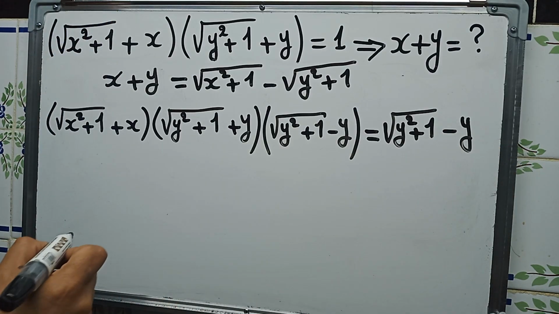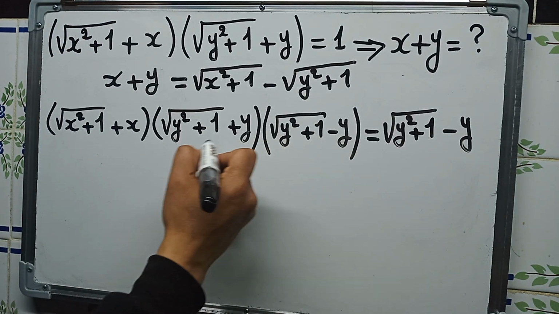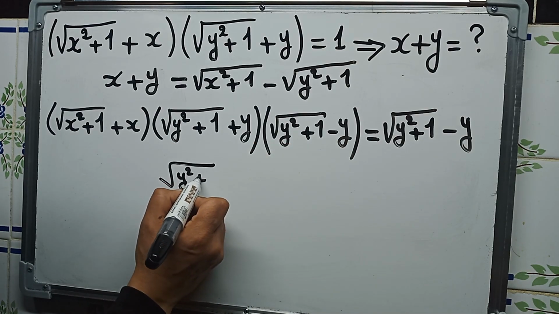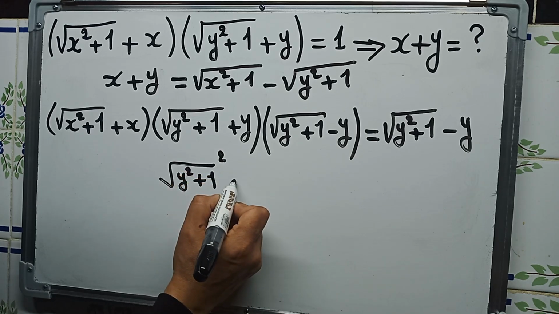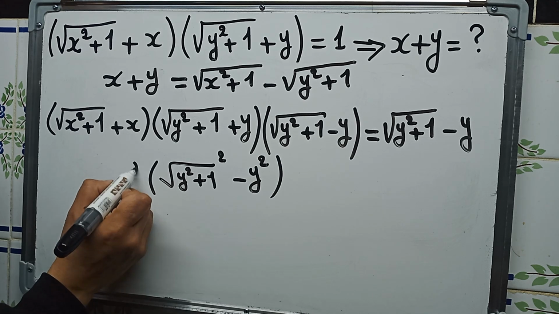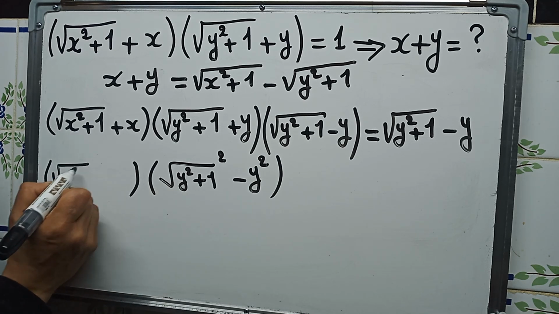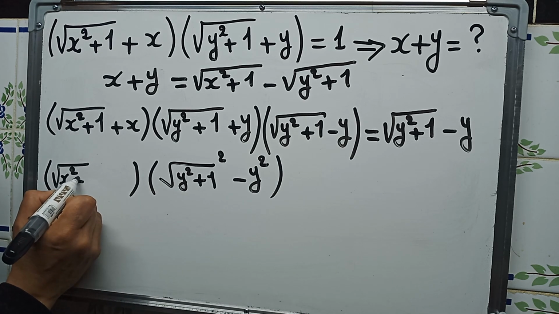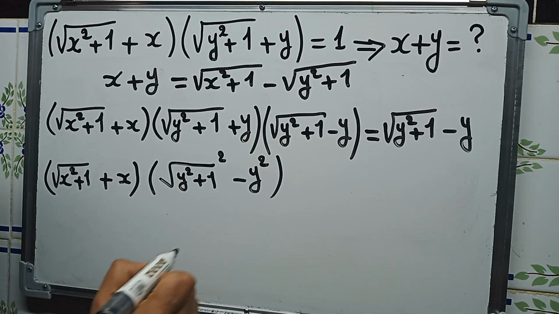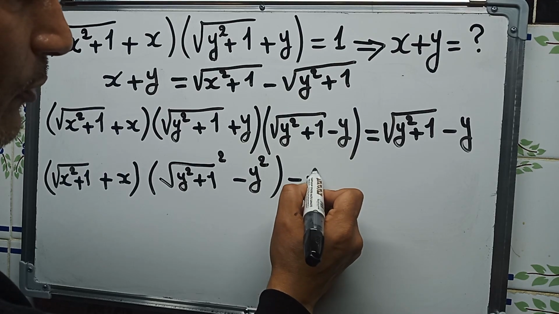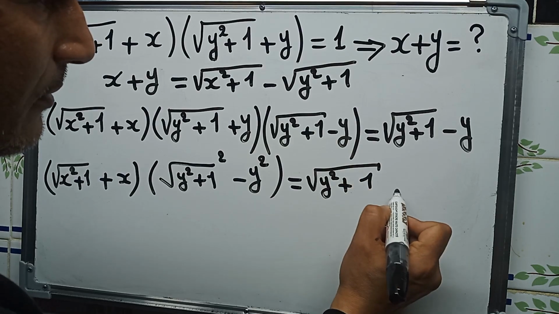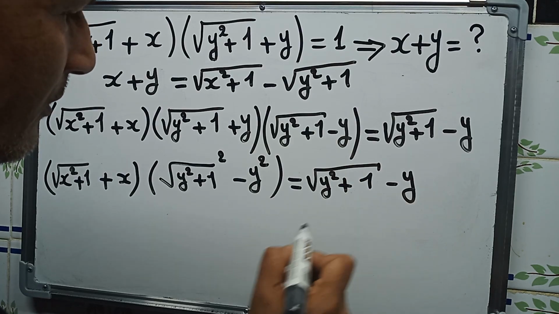And you see it's the same as the previous example. Here we have a special product. We have square root of y squared plus 1 squared minus y squared. And here, the same, we have square root of x squared plus 1 plus x is equal to square root of y squared plus 1 minus y.